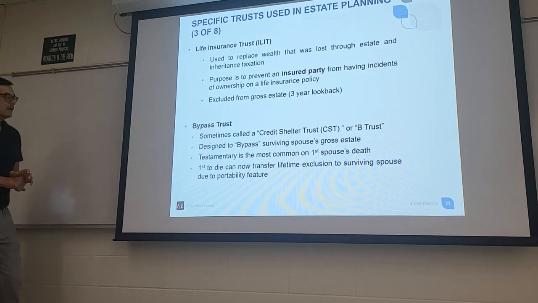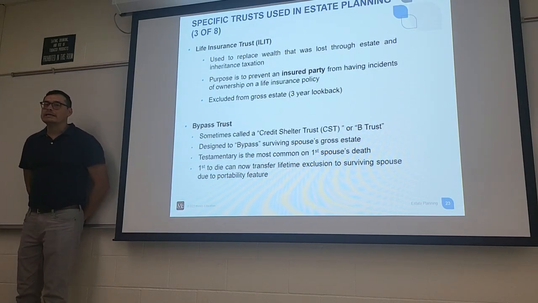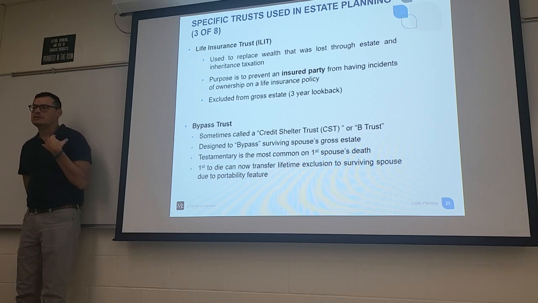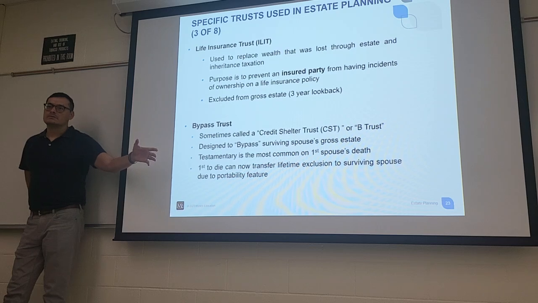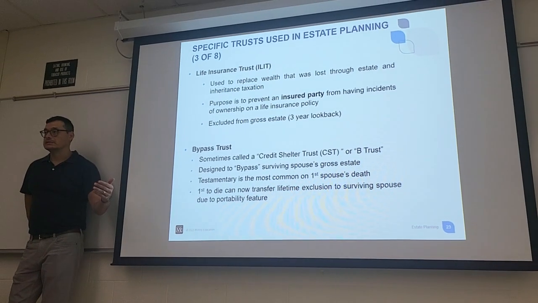Okay, now, a bypass trust, not quite as useful anymore. Sometimes it is. But we'll talk about this in chapter 11. I have a lifetime exclusion, the 13.8 million, I think it is this year, 13.6, whatever it is. My wife also has that exclusion. If I don't use mine, I can transfer mine to her. Now, that was not always the case.